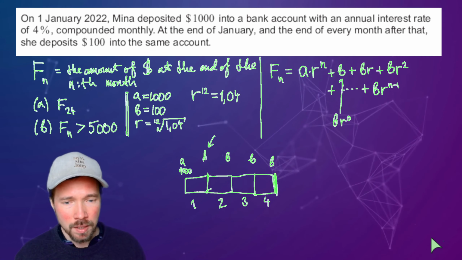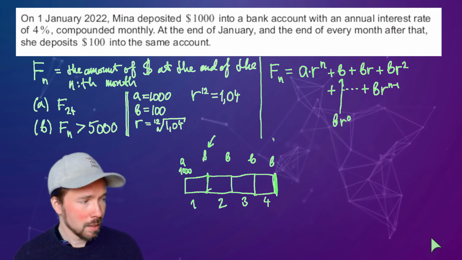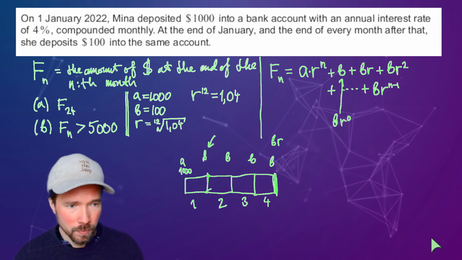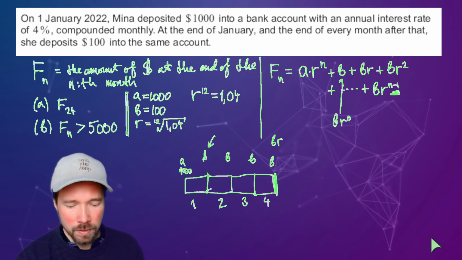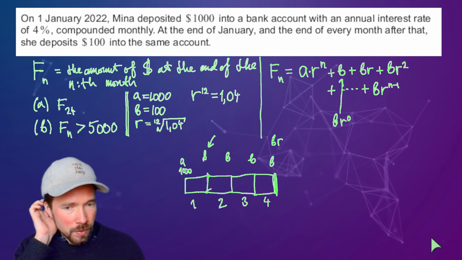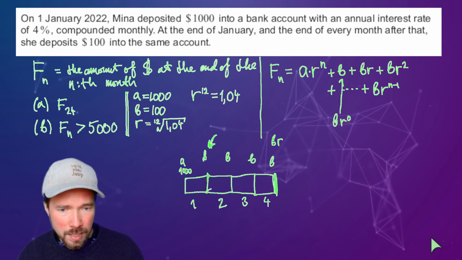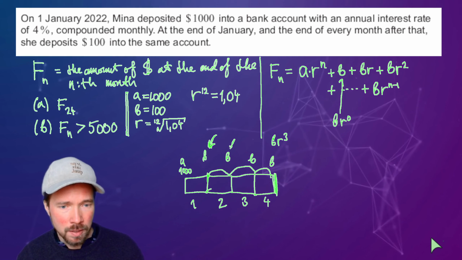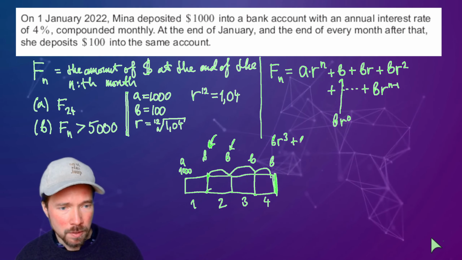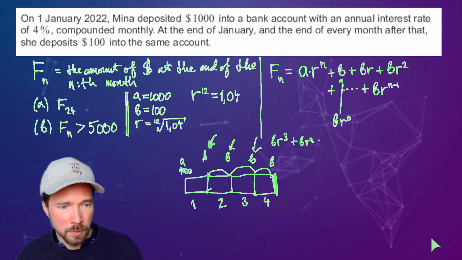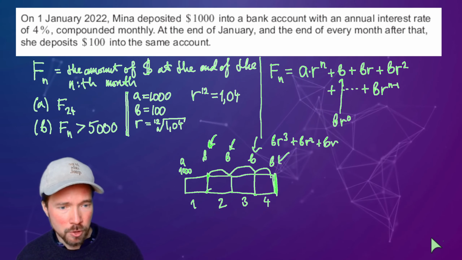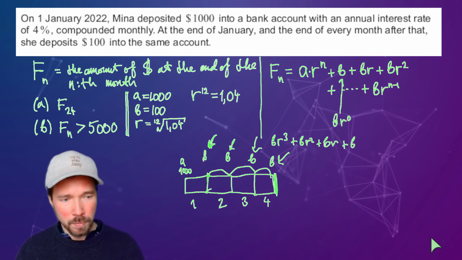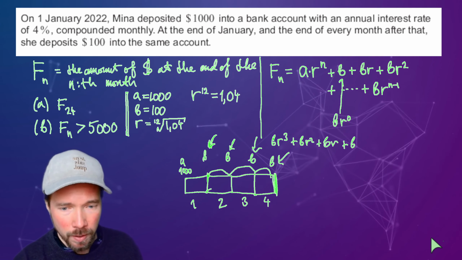And this B has by this time compounded 3 times. So this is why we have n minus 1 here. If n is 4 in the picture, this B has compounded 1, 2, 3 times. Then this B has compounded 2 times, this B has compounded once, and this B we just added hasn't had time to compound at all, so it's just B, or B times R to the power 0, which is the same thing.